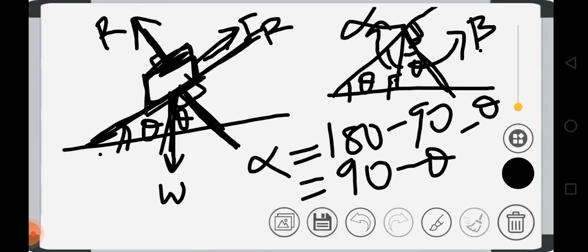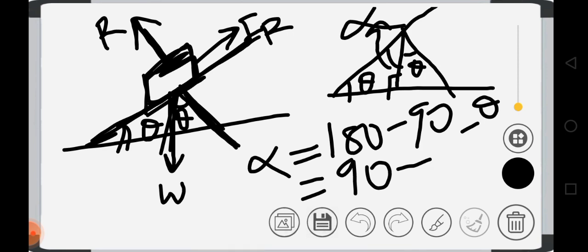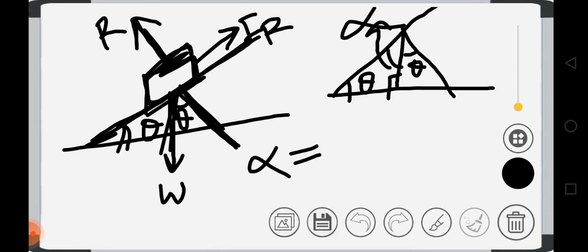To look for that beta, look how to get it. Already gotten that this one is 90. This particular alpha is 90 minus theta. If this one is perpendicular to the plane, we are going to have something like this. Okay, let's call this one beta first.